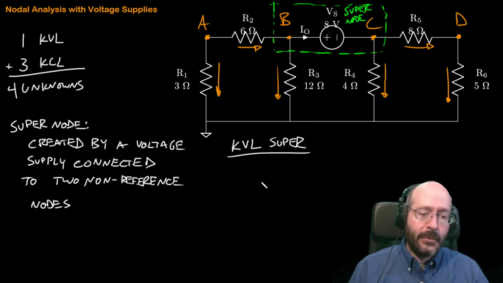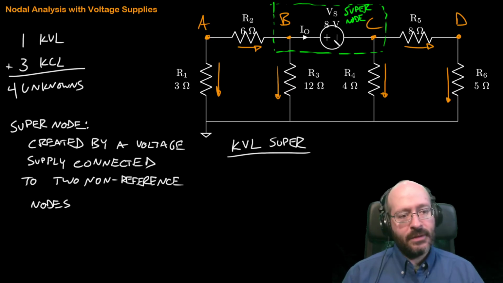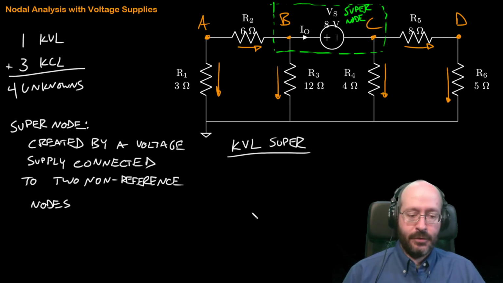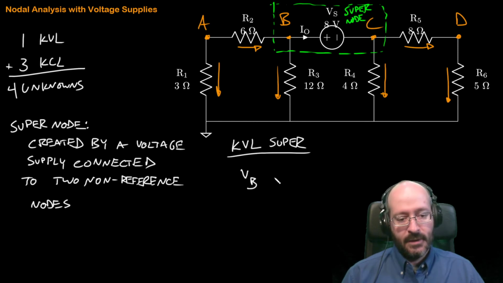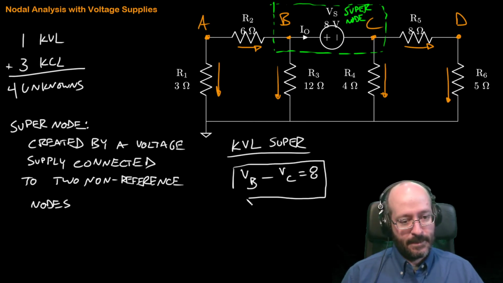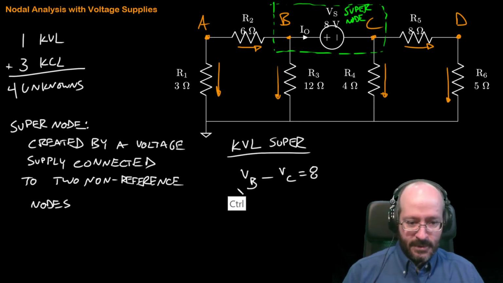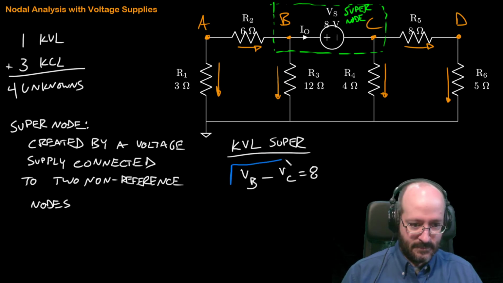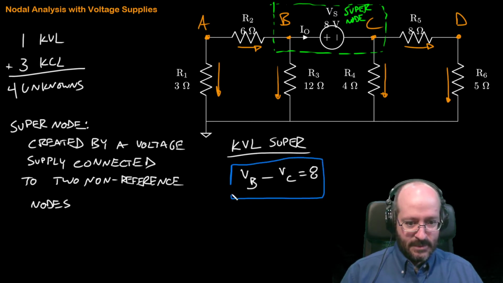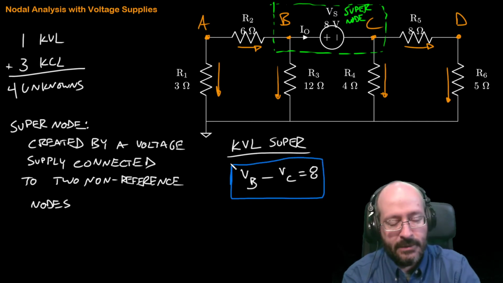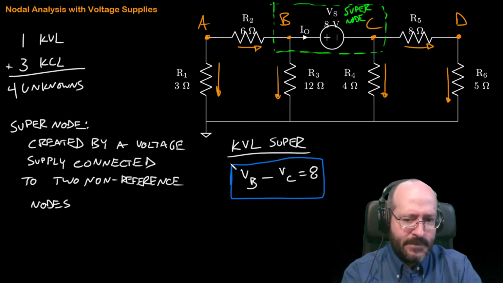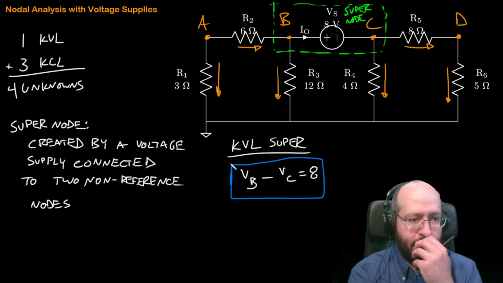Okay, so let's see, what's connected to the positive side of the 8-volt, VB, what's connected to the negative side of the 8-volt, VC, and that's just equal to 8. That one's done. So then we got 3 KCLs.